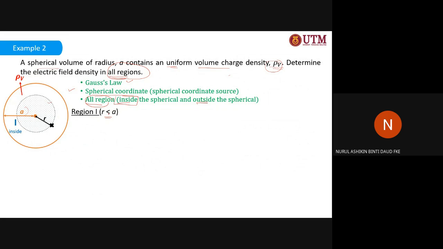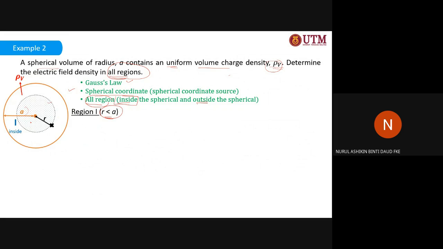So this calculation is not applicable when the radius of this Gaussian profile is larger than a, because if it is larger, it is no longer inside the sphere. It is located outside of the sphere. So these are the limits of this region. This will be the reference for region 1, where the radius of the Gaussian profile is less than the radius of the spherical.